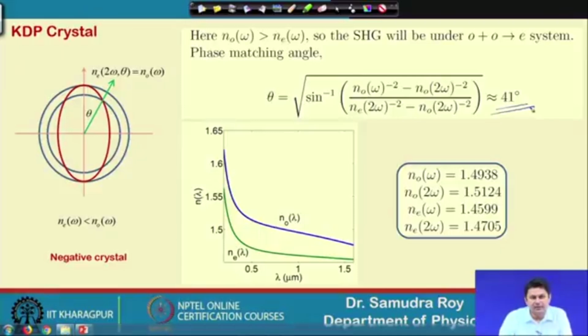This is the Sellmeier curve for the refractive index variation for KDP crystal. From the Sellmeier equation we can easily find the refractive index at a particular wavelength. This information we already had in our previous class.